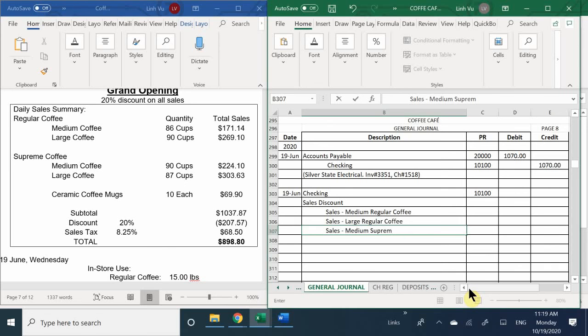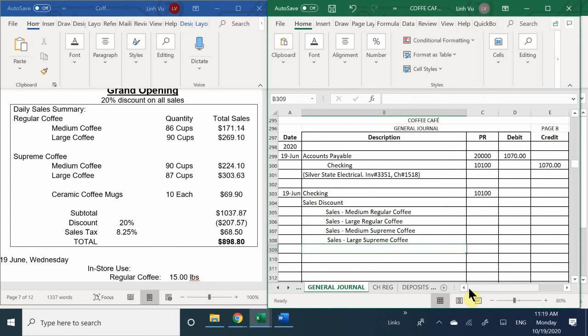Sales. Okay. What else? Sales large supreme. And what else?